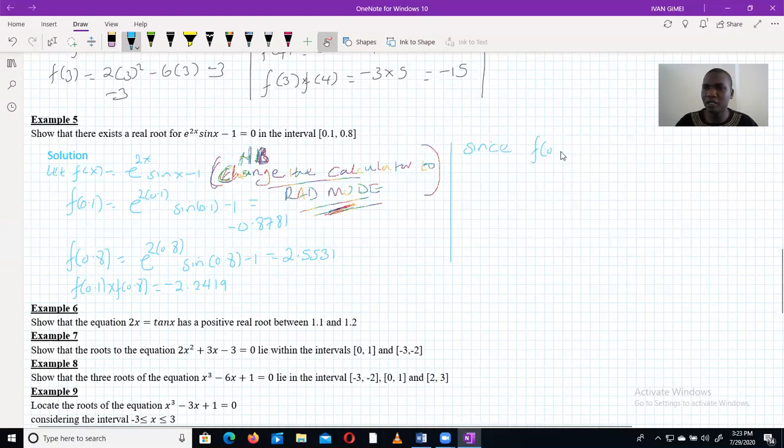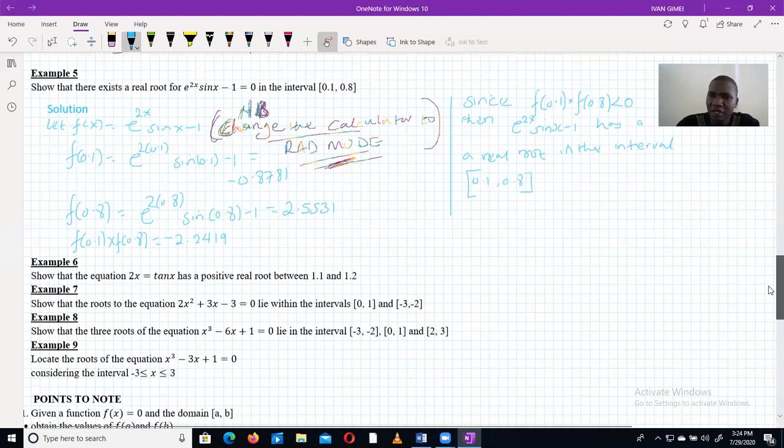Since f of 0.1 times f of 0.8 is less than 0, then our function exponent 2x sine x minus 1 has a real root in the interval 0.1, 0.8, something like that. That's what we do in that case.